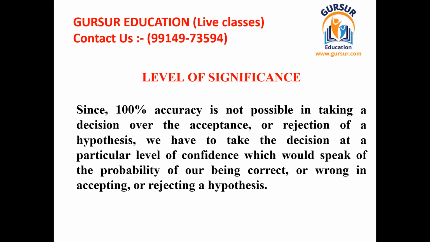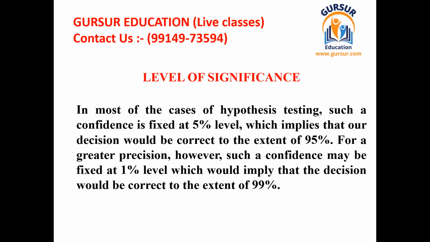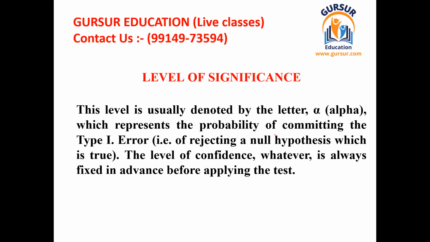You always fix your confidence at a certain level. Like if 5%, that means you would be correct at 95%. If you fix at 1%, that means you are assuming yourself to be correct at 99%. This is a very simple process to understand.